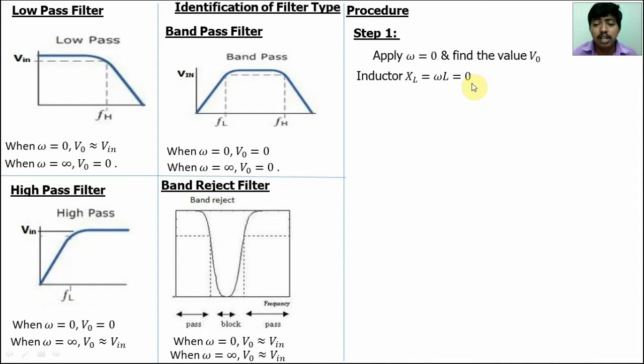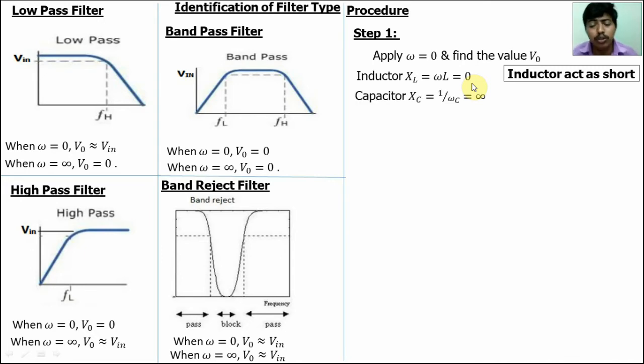Reactance means resistance to the alternating current. If the resistance is equal to 0, all the current flows through that path, so it acts as a short circuit. If the circuit has an inductor, when omega is equal to 0, the inductor acts as a short. So we may replace the inductor by a short.